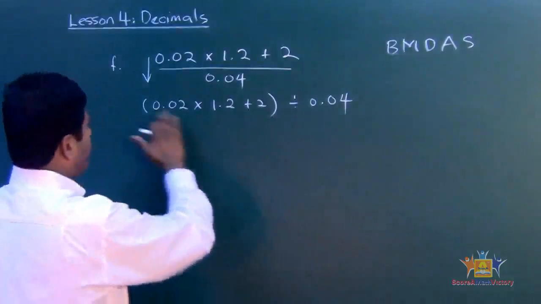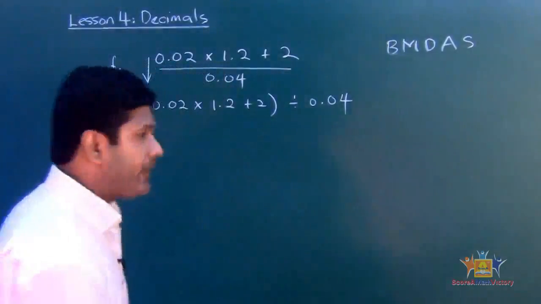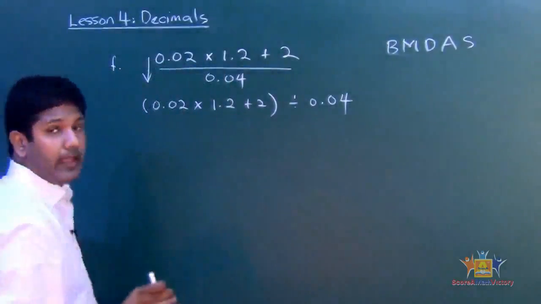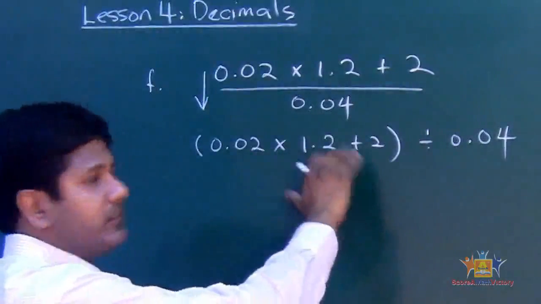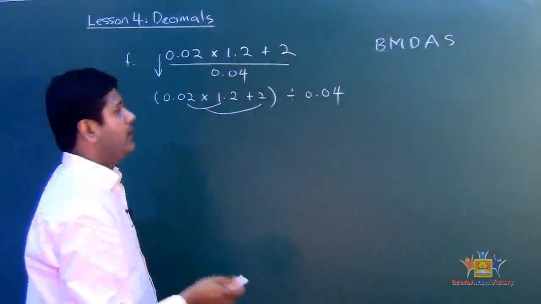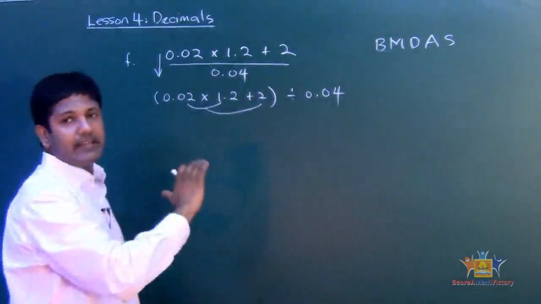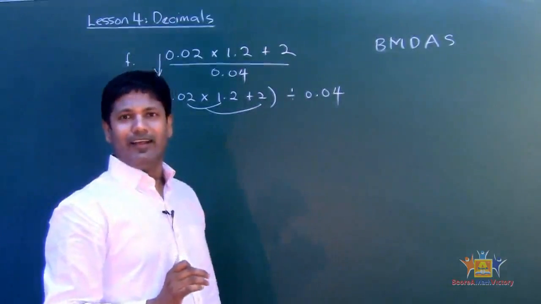Alright? So what's inside the bracket has to be solved first. And look, inside the bracket also has some priorities involved: multiplication and addition. Who comes first? Multiplication. So I have to multiply first and then I add. After I've done everything inside the bracket, only then can I divide. See that?